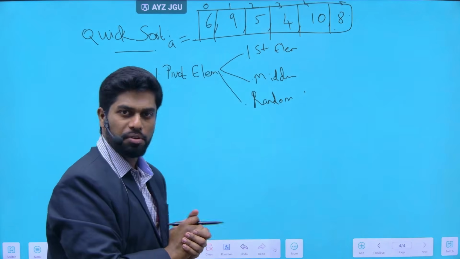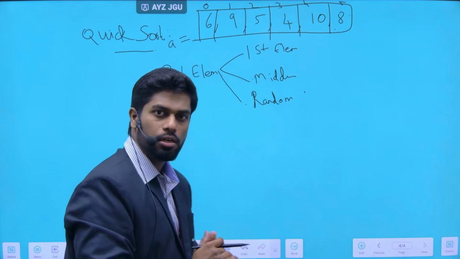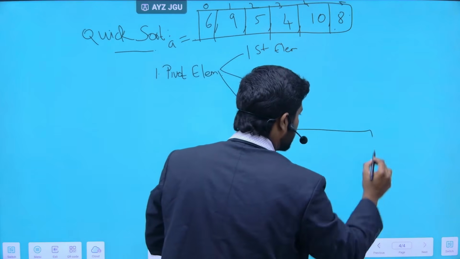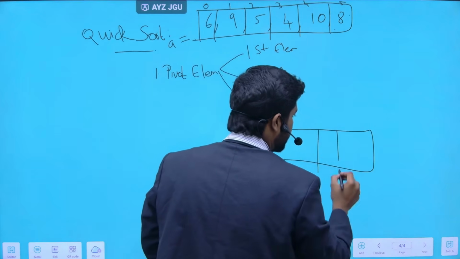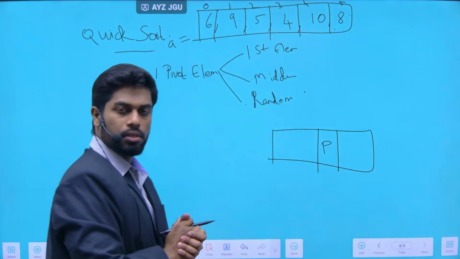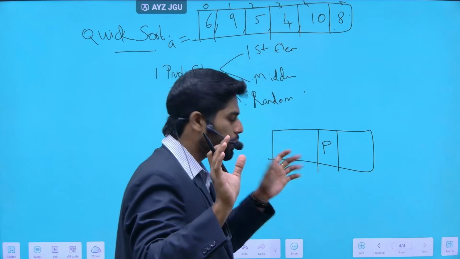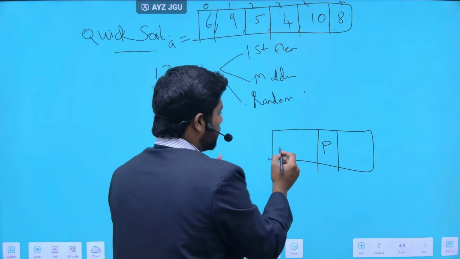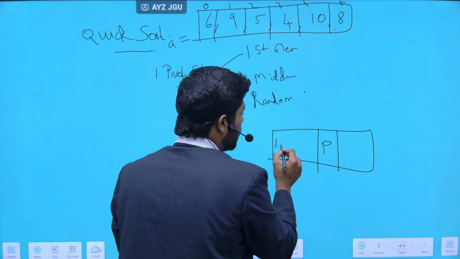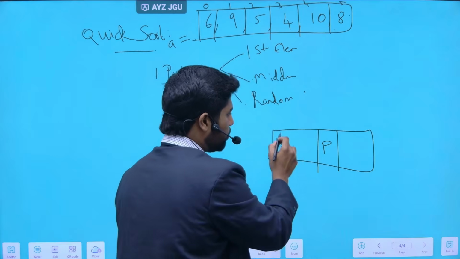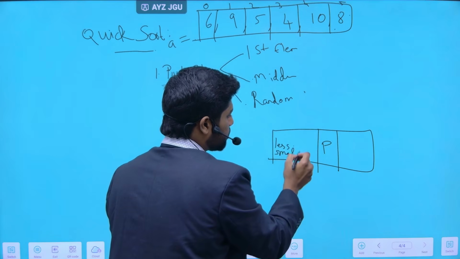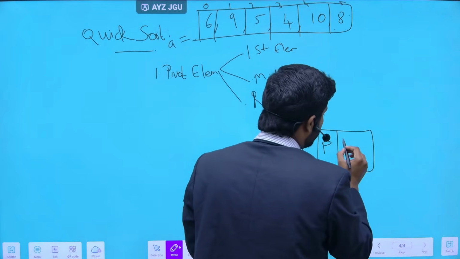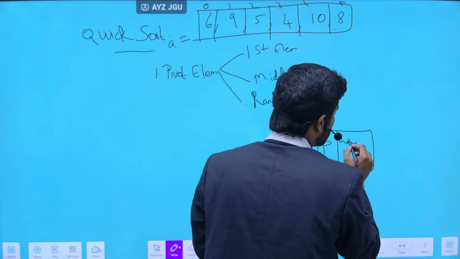After choosing a pivot element in quick sort, you will have a format. Once you take a pivot element, let it be P. The elements to the left side will be smaller numbers, and those at the right will be greater numbers.